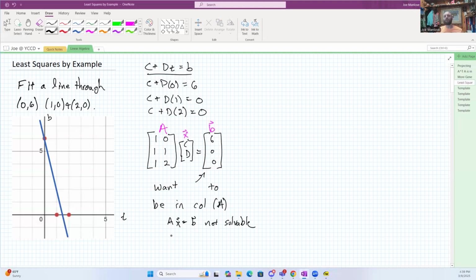I'm going to project B onto the column space of A, and then I'm going to solve that equation. That's going to give me an equation like AX hat equals B parallel.